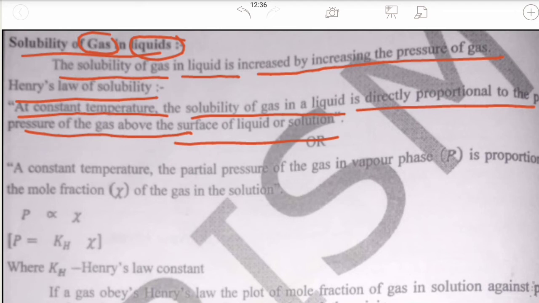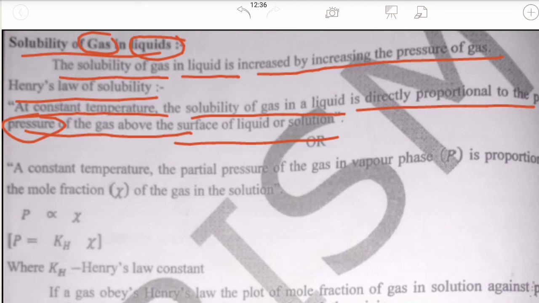Now think why this partial pressure has been introduced. Dalton, we know who Dalton is. Dalton was a contemporary of Henry, contemporary meaning at the same time. When Henry stated Henry's law, at the same time Dalton also concluded independently that the solubility of a gas in a liquid solution is a function of the partial pressure of the gas.